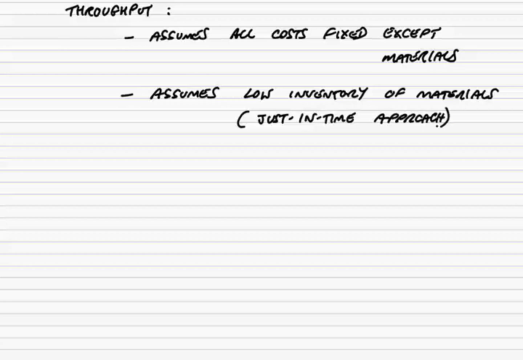Now, if you've not already looked at the earlier chapter or listened to the lecture on just-in-time, do. But you should be aware just-in-time does assume that we manage to achieve very low inventory levels. And on that basis, materials are going to be variable. And it's part of the whole throughput assumption. Well, that's everything to do with throughput. So, have a read through and make sure you're happy with, and obviously practice it.